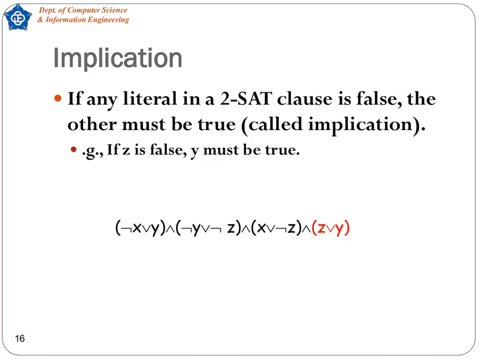If Z happens to be false, then Y has to be true. In our sample formula, we have four clauses: (not X or Y), (not Y or not Z), (X or not Z), and (Z or Y). Notice how the last clause, highlighted in red, directly illustrates the implication not Z implies Y.